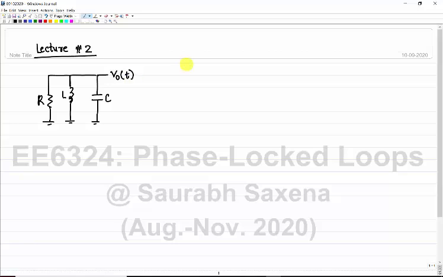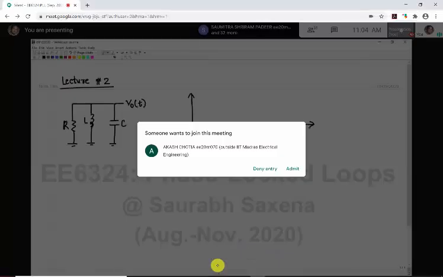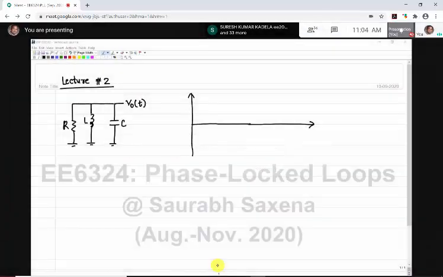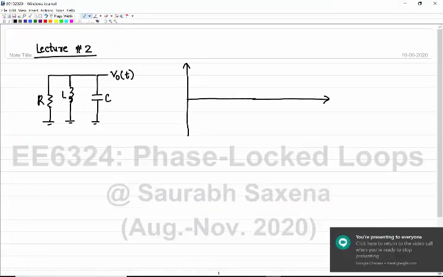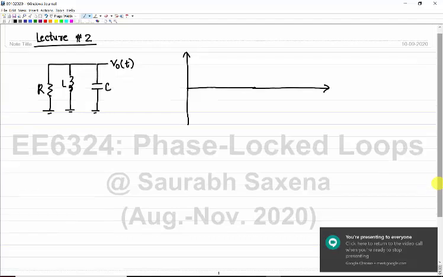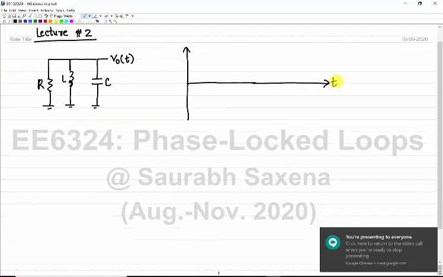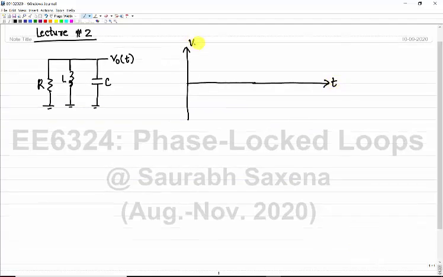What we want, if we want whatever frequency of oscillation we need, we can change that frequency by changing these values. Okay, so let us say I am just plotting this with respect to time. We have this V out versus t, right?